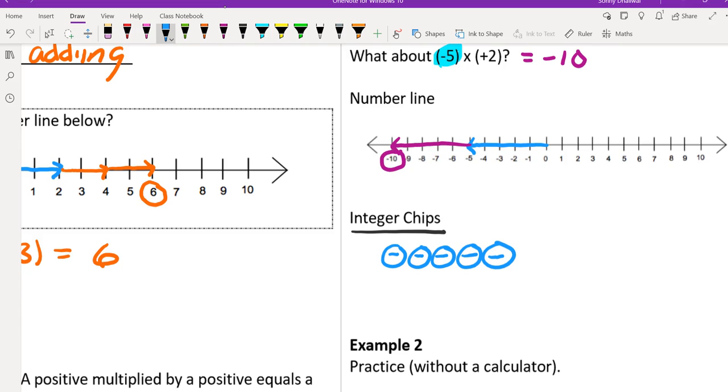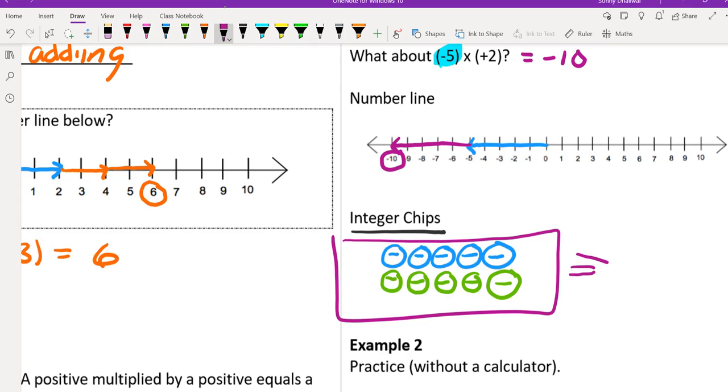And the +2 says we repeat this twice. So we've already drawn this once. If you want to draw it one more time, because we're repeating it 2 times, you go another 5 here. And all together, we have 10 negative chips. Okay? Not going to ask you to do too many of these. It's something you just need to be aware of.